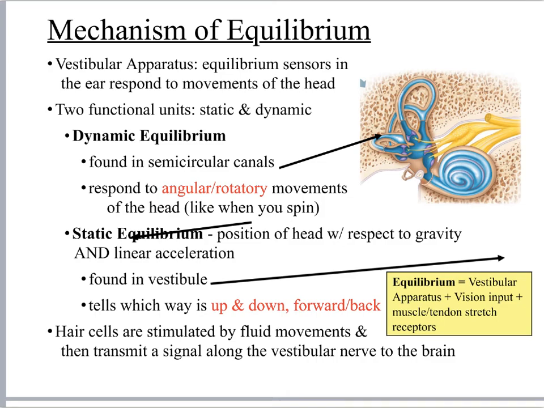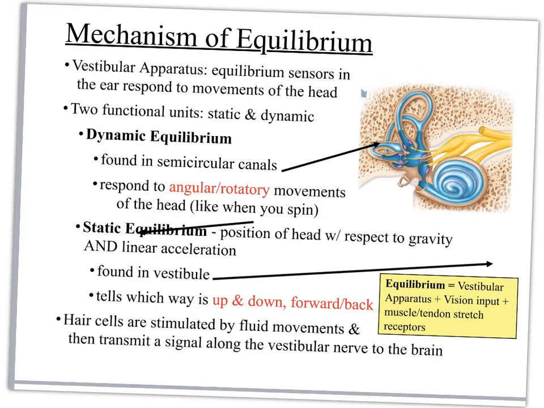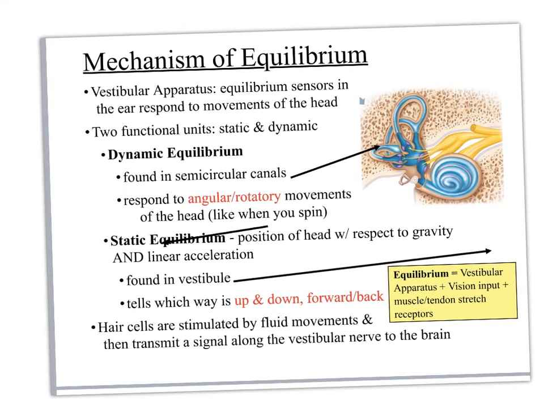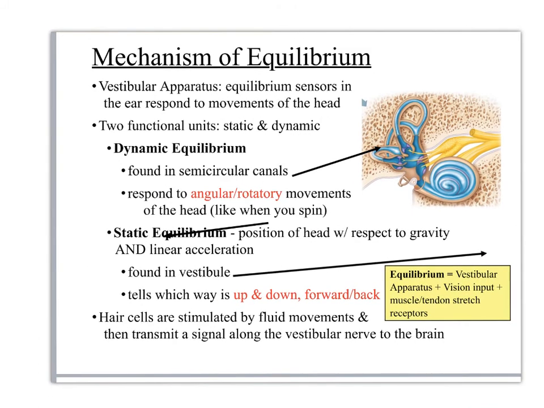All right, let's talk about equilibrium, and I'm sorry, when this converted from PowerPoint to PDF, it did some funky stuff with arrows, and I don't know why. So what I want you to know is that we're dealing with the vestibule and the semicircular canals when we're looking at equilibrium, which you can also think of as balance.